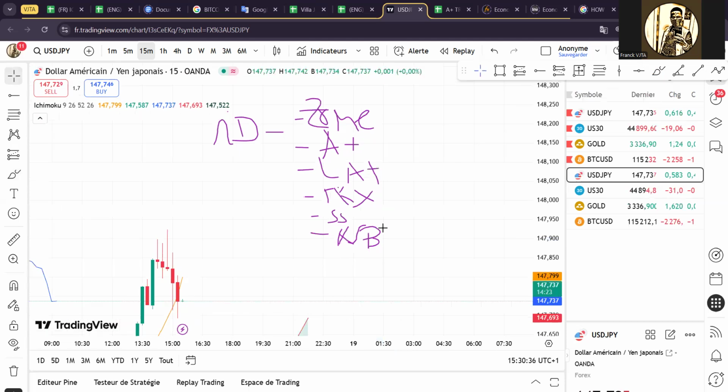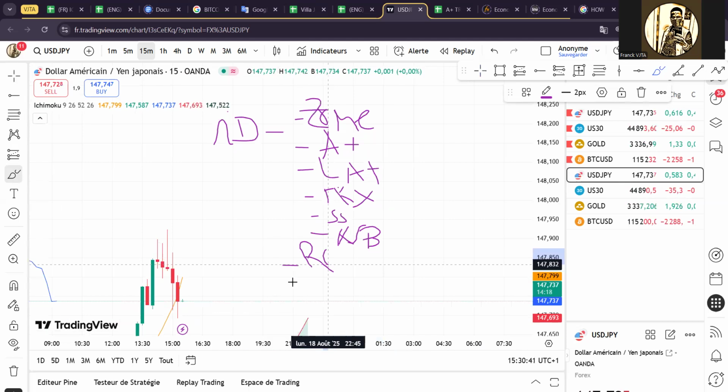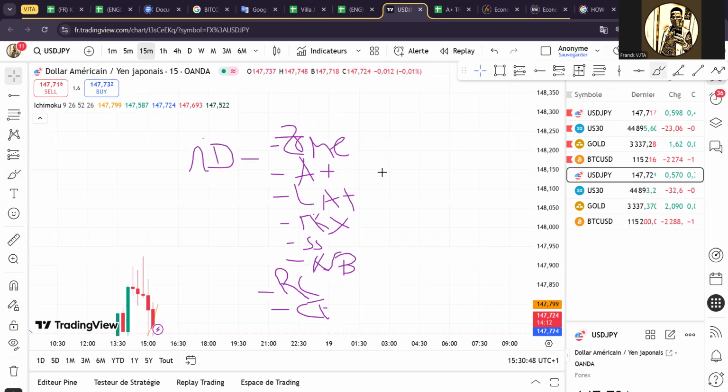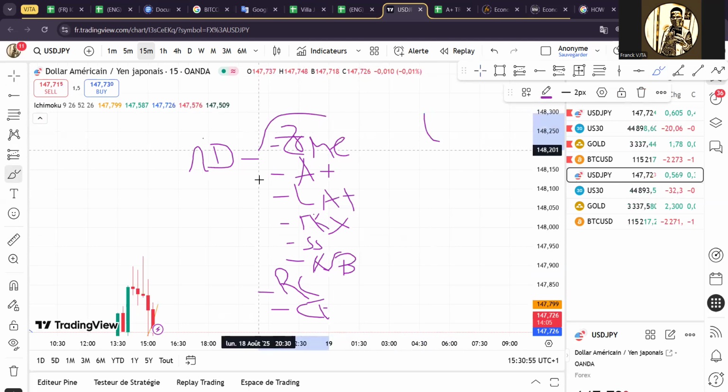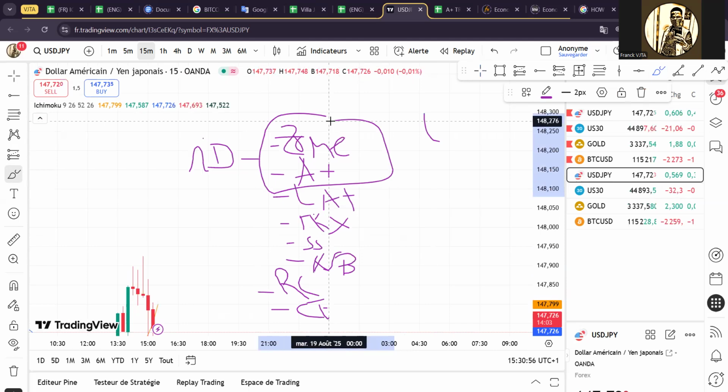And we also have reversal context and continuity context. You need to use all of this to make something logical about the actual direction. But the two that carry more weight are the direction changers: the zones and the A plus setups.